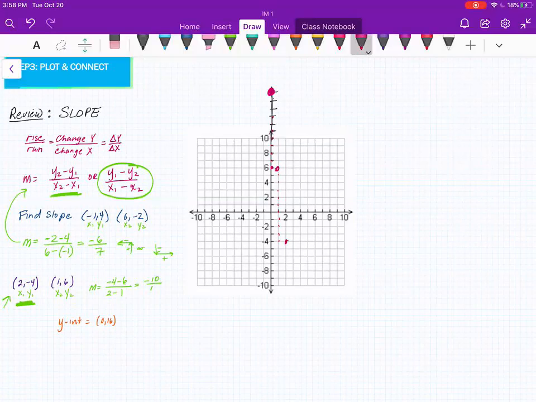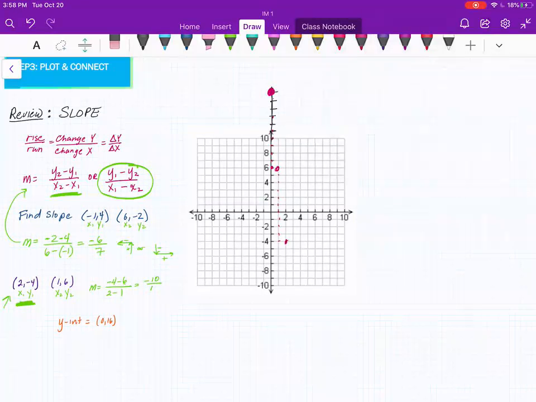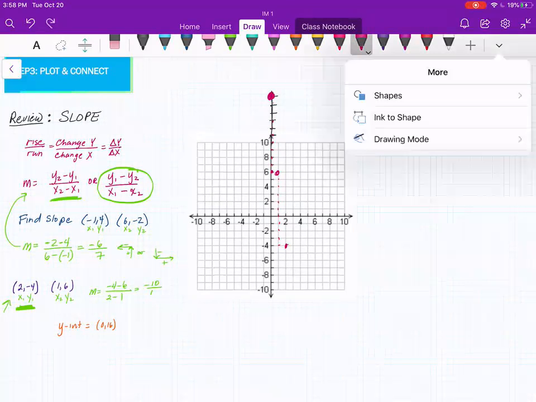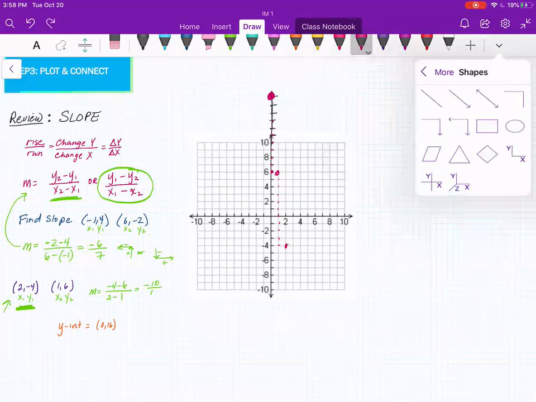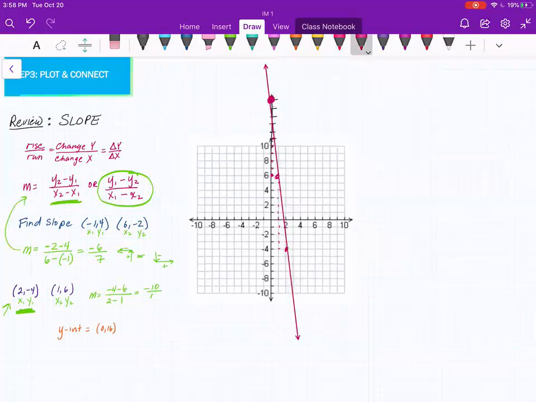I'm going to try and draw this. I think I'm going to use a tool that's going to give me a line, make it a little easier. If it'll work, whoops. Try that again. Right here.